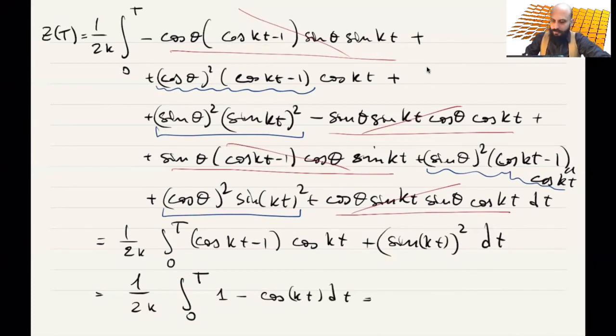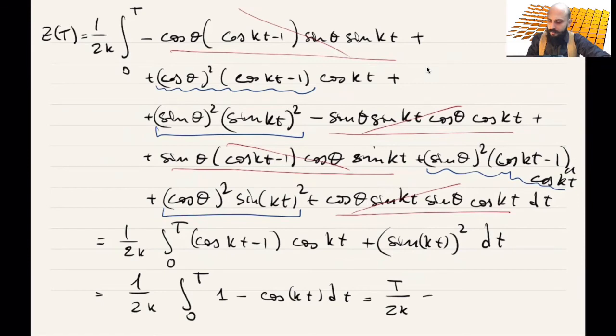So the first one is going to give you t, so it's t over 2k. And then the integral of cosine is sine, evaluated, but I have kt, so I have to change length.